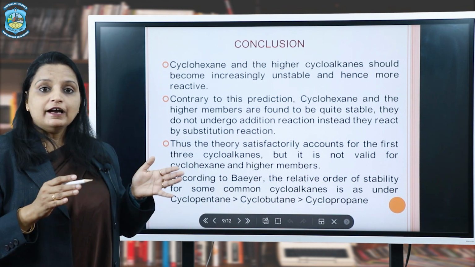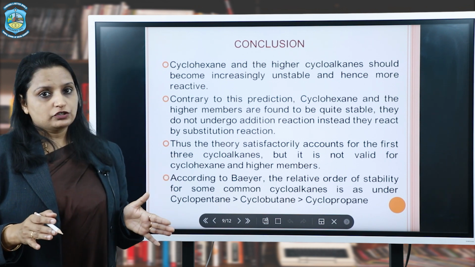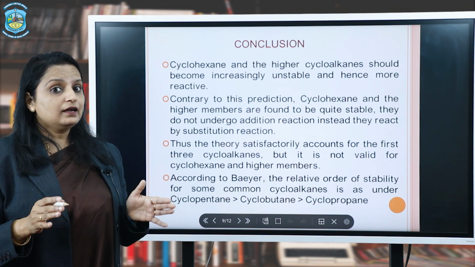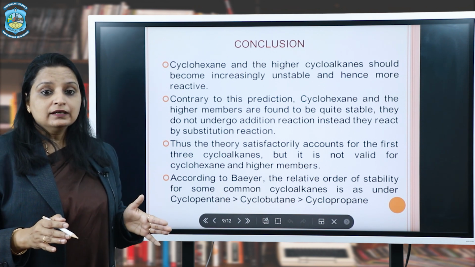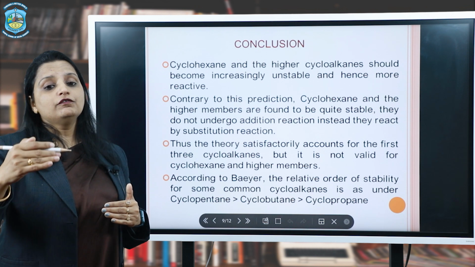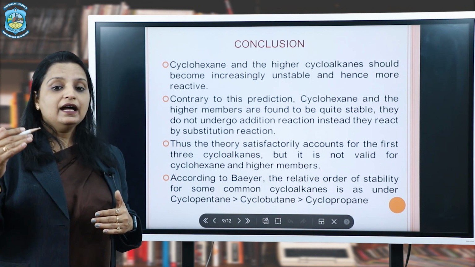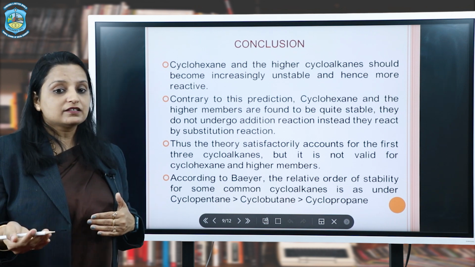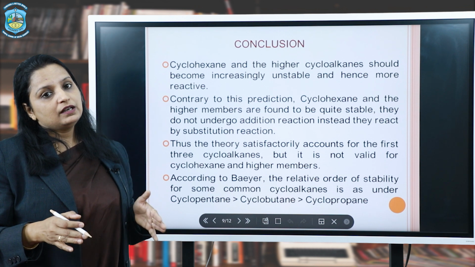And finally, you should remember that any deviation from the normal tetrahedral angle will lead to angle strain, and the higher the value of angle strain, the higher the instability and the higher their reactivity. So simply, the higher the deviation, the lesser the stability.